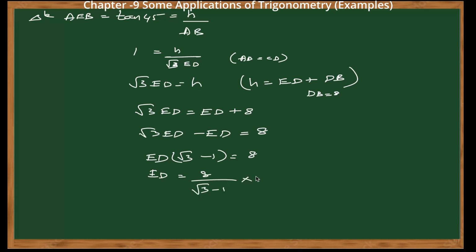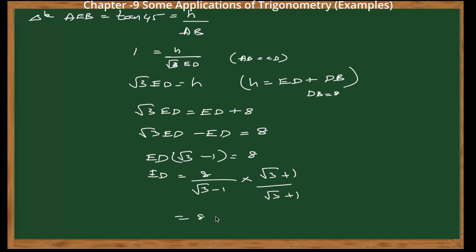Let's rationalize it. What we do is multiply and divide with the opposite sign, plus instead of minus, so it becomes root 3 plus 1.